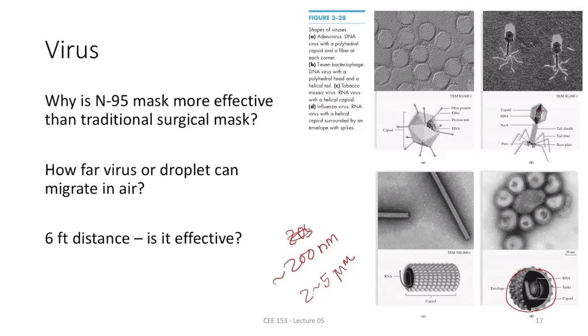And those droplets can migrate much further. Those droplet sizes are much bigger, like 2 micron, 10 micron. So if you have any kind of cloth, those droplets would be blocked by the mask. That means it will not spread around the environment. So it's not about protecting you as much as protecting others.